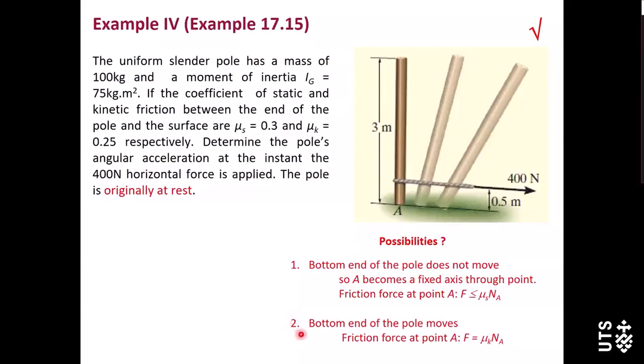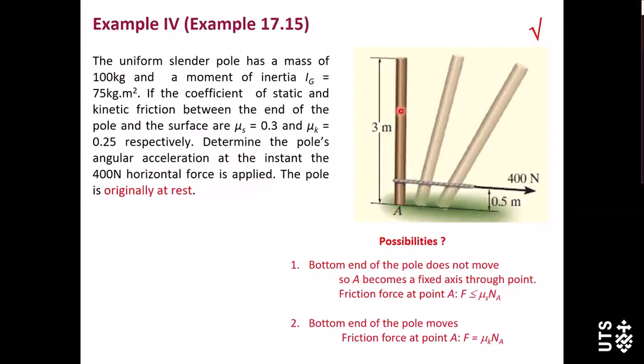The second possibility is if the friction force between this rod and the ground is not very high. When we apply an external force here, the bottom end of this rod will be moving.